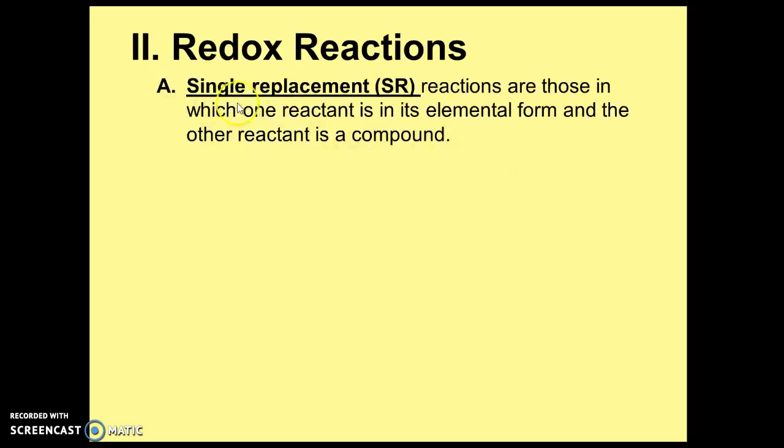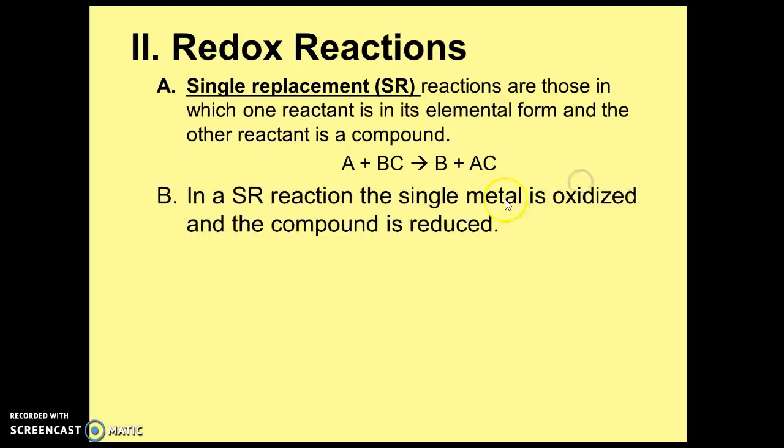Many redox reactions are single replacement reactions, and we reviewed what these are: one reactant is in elemental form and then it takes the place of another reactant in a compound. So again, A would be our elemental compound, BC would be the compound, and A and B are going to switch places. That's a single replacement reaction. In a single replacement reaction, the single metal is oxidized and the compound is reduced.